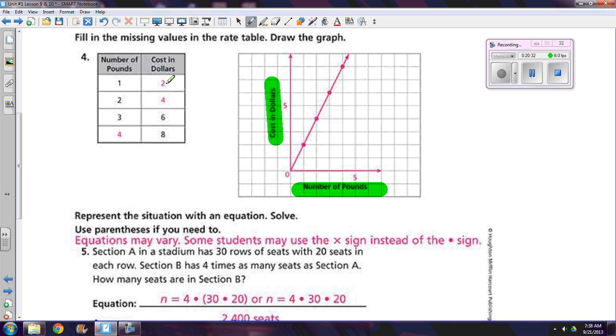So 1 pound costs $2. So you make your plot. 2, $4. There's 2, and there's 4. Make your dot. 3, 6. There's 3 and 6. There's 4 and 8. Connect the dots, and you've completed your graph.